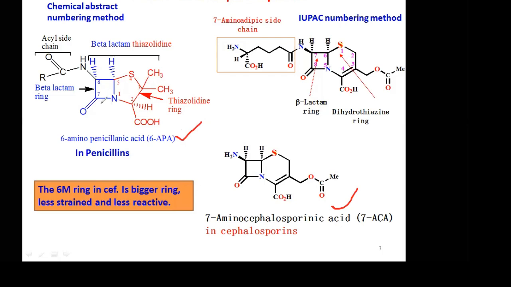Now, this is the beta-lactam ring and thiazolidine ring. Here it is dihydrothiazine, and this is the beta-lactam ring. The 6-membered ring is called the dihydrothiazine ring.